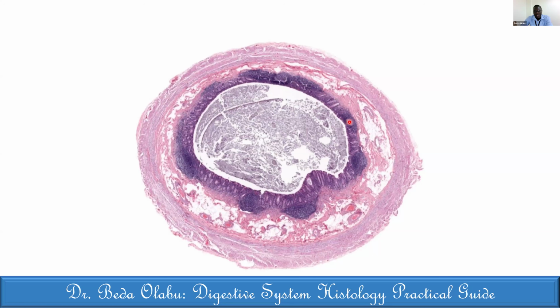But definitely that's another one. 3, 4, 5, 6. Not convinced about that and that as well. Even here, maybe that's another one, not so sure. But at least we can see several lymphatic nodules. That's the point at this magnification.